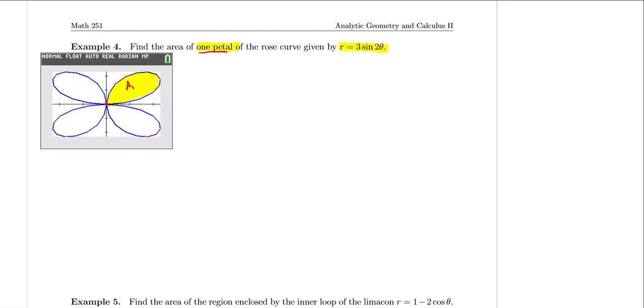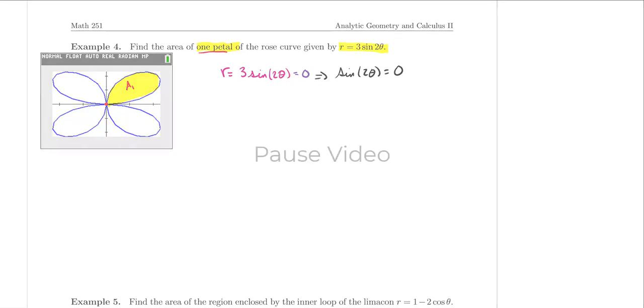So I'm just going to go ahead and set up our equation. r equals 3 sine of 2 theta, and I'll set it equal to 0. Now once we do that, the equation that we're trying to solve is sine of 2 theta equals 0. So the question is, okay, the sine of what angle gives you 0?